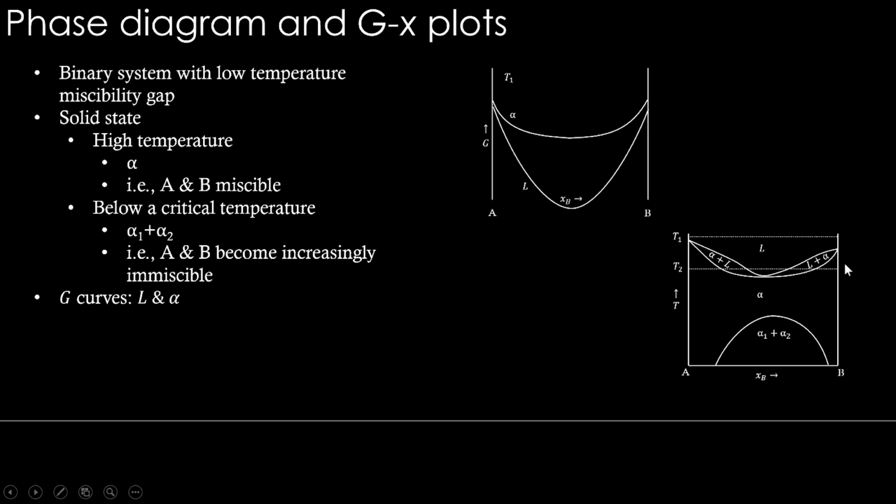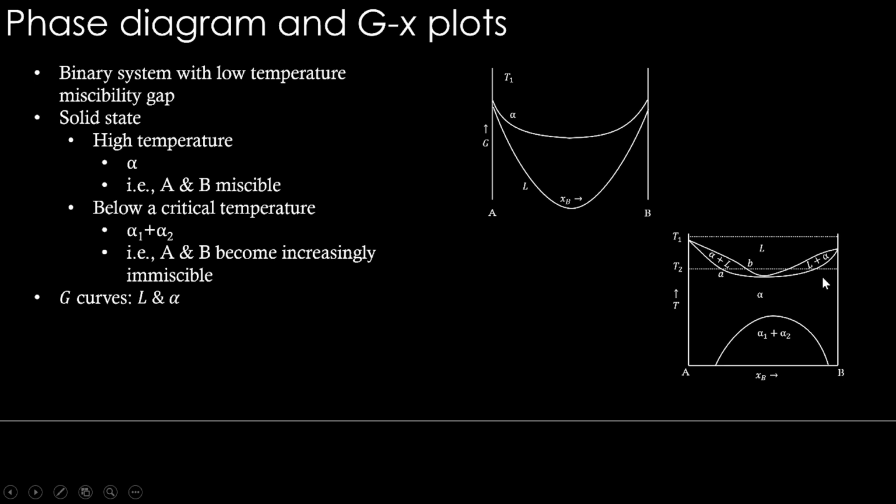Now this temperature here is more complex. If you see from left to right, you have this single phase alpha region, then it goes into a two phase region, again a single phase liquid region, then it goes to a two phase region, and then a single phase alpha region again. Okay, this is quite complex. If you see tie line information, this two phase region is here, so we can draw a tie line there. The tie line will start from this A point and end at this B point.